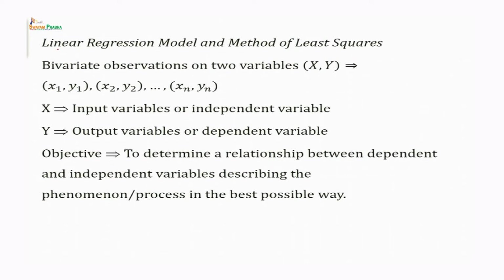Then we consider the linear regression model and the method of least squares. Now, suppose you have bivariate data on two variables x and y, and you have n pairs of observations: x 1 y 1, x 2 y 2, and so on up to x n y n. Suppose x is the input variable or independent variable, and y is the output variable or dependent variable.